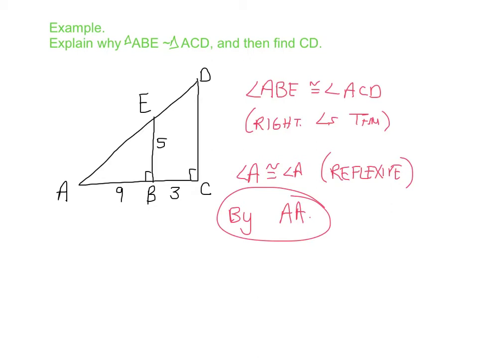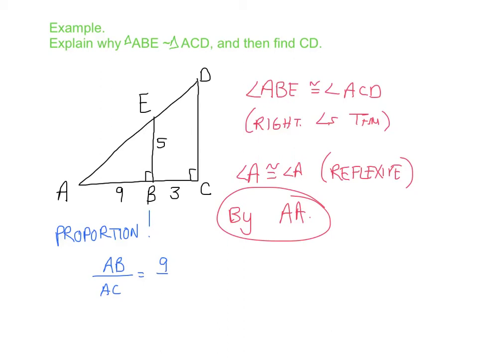Now that we know that they're similar, we can find the length of CD. How should we go about finding CD? Well, we want to set up a proportion, because we know that these two triangles are similar. Let's talk about the bottom leg, because I noticed that we have a 9 and a 3, so we can use the bottom leg of both triangles. So let's do the bottom of the small triangle, which is AB, over the bottom of the bigger triangle, which is AC. Well, what is that?